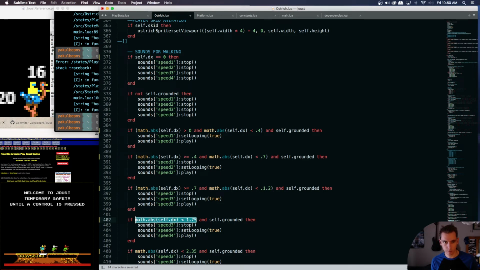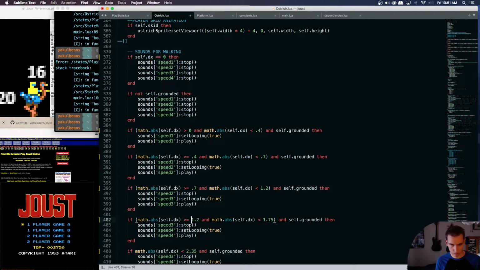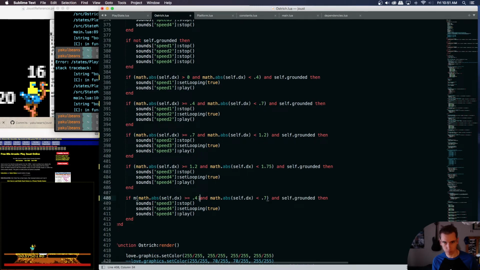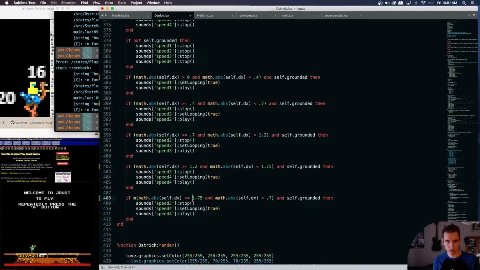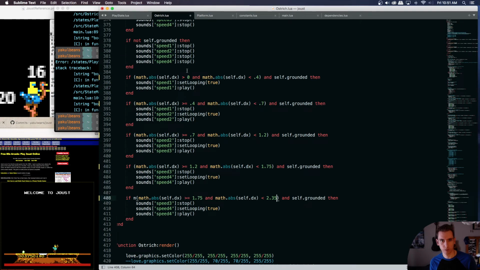Then 1.75 is our new high end. And then 1.2 up to 1.75, and greater than or equal to 1.75 but smaller than 2.25. Okay.